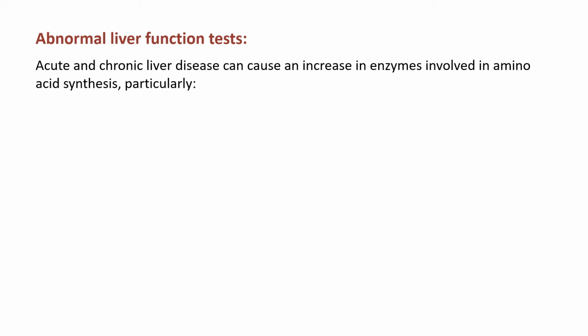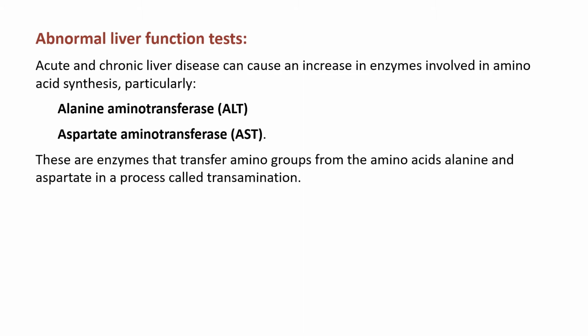In either acute or chronic liver disease, there may be an increase in the enzymes involved in amino acid synthesis. In particular, alanine aminotransferase and aspartate aminotransferase, ALT and AST. These enzymes transfer amino groups from one amino acid to another.